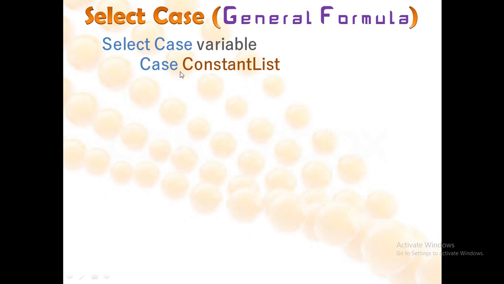The constant list is the list of constants which will be tested against our variable.